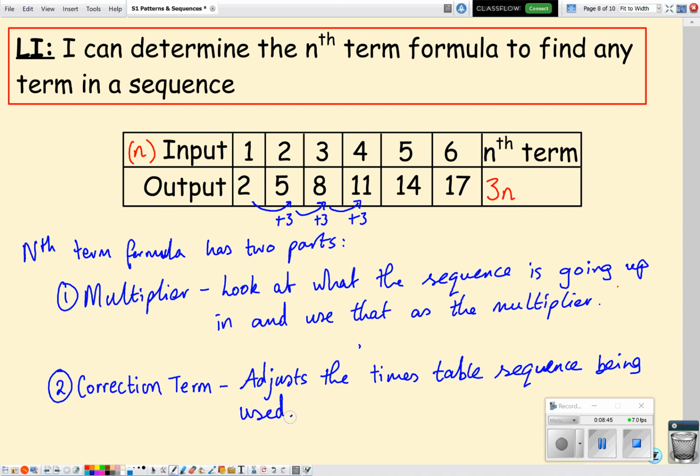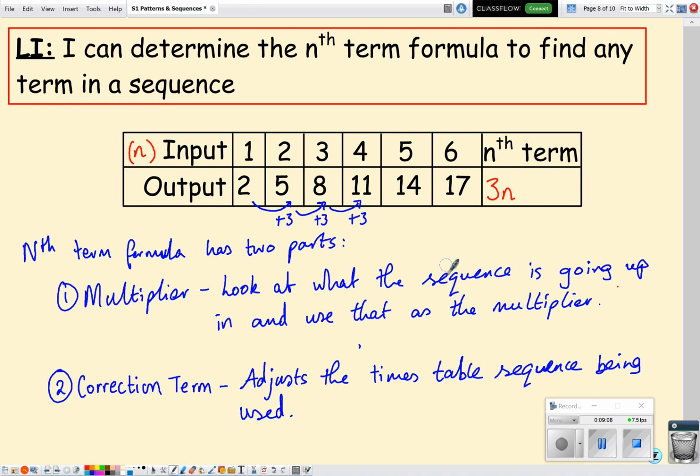Right? So the times table we're using is 3. And the 3 times table is 3, 6, 9, 12, 15, 18, 21, and so on. But those numbers aren't in my sequence. 3, 6, 9, 12, 15, and 18, they're not in my sequence. My sequence is 2, 5, 8, 11, 14, and 17.